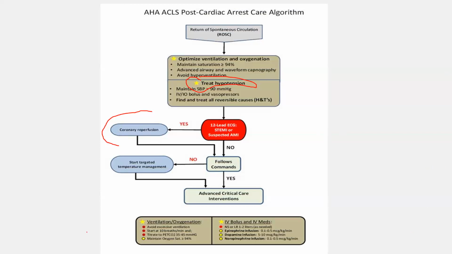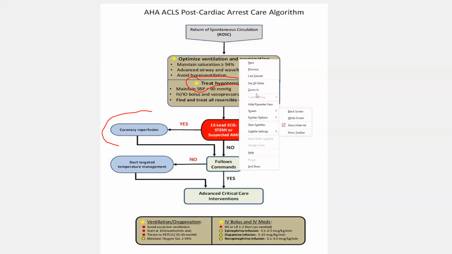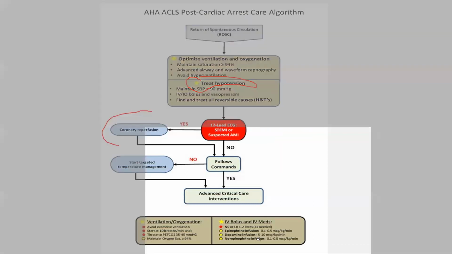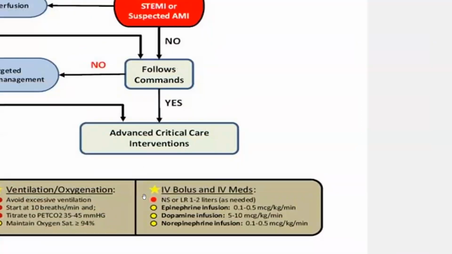I want to focus now on the lower part of the algorithm right here. And what can you use in order to maintain their blood pressure? We could utilize normal saline or Ringer's lactate, 1 to 2 liters as needed and given as a bolus.